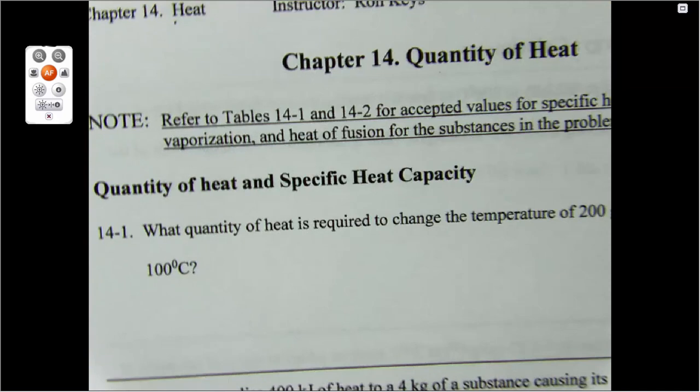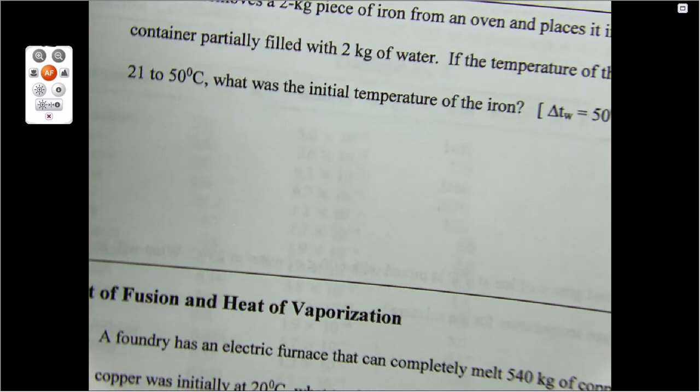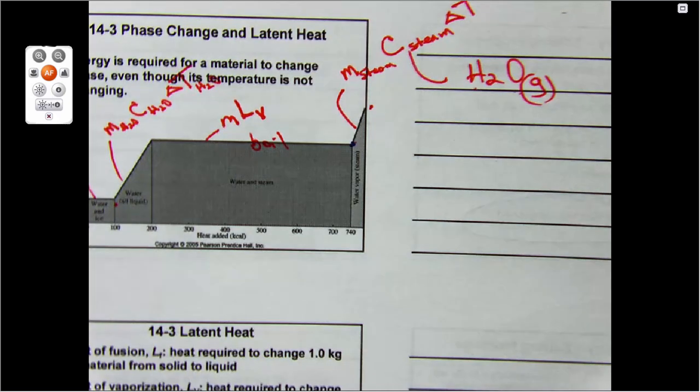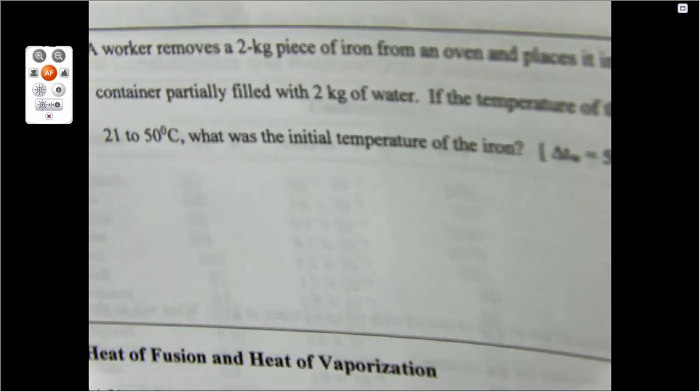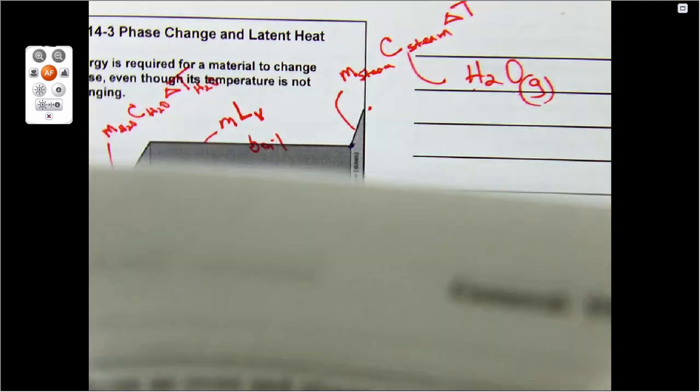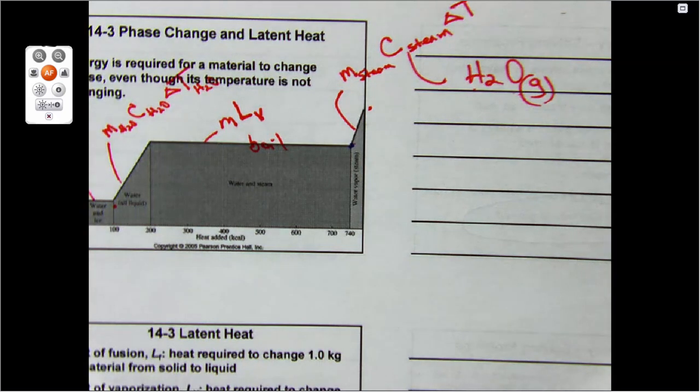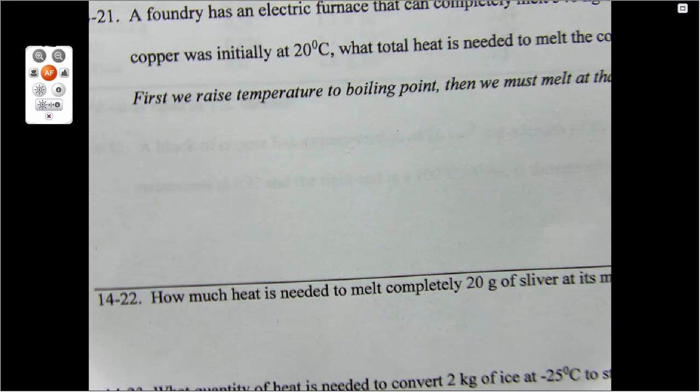Convert 2 kilograms of ice into steam. So the last calculation would be the vaporization one?